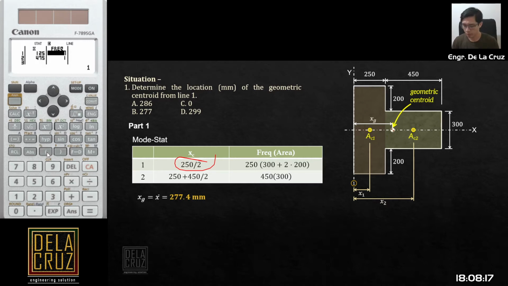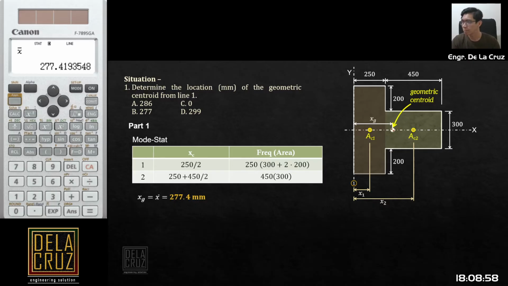Then the area: you have 250 multiplied by 300, plus 2 times 200. Then 450 by 300, and 450 by 300. Then press AC, then Apps 5. X bar is our location of geometric centroid.